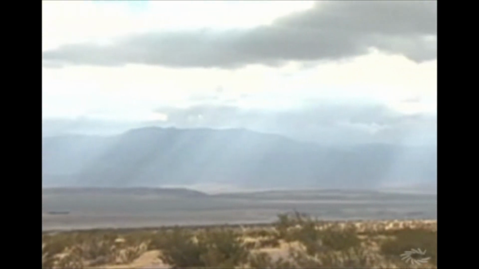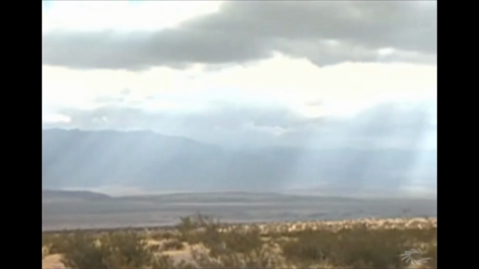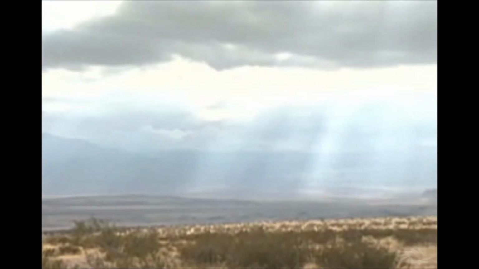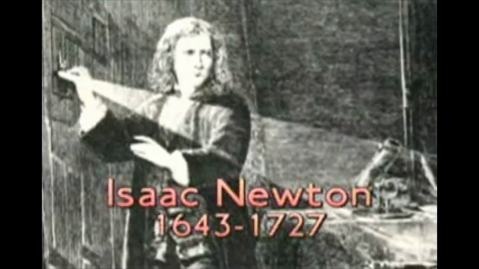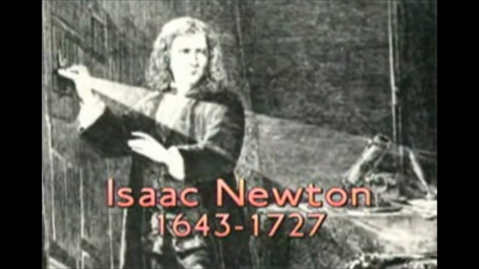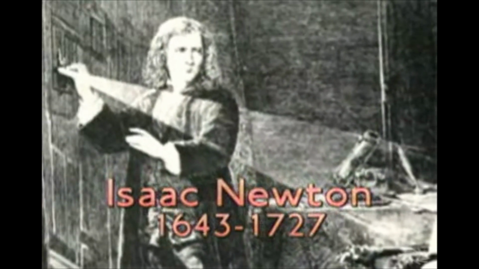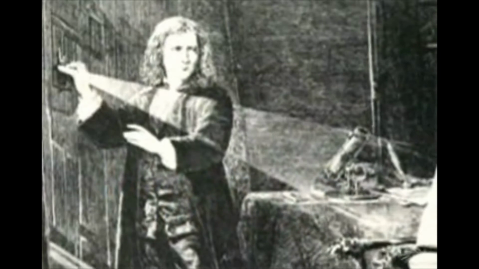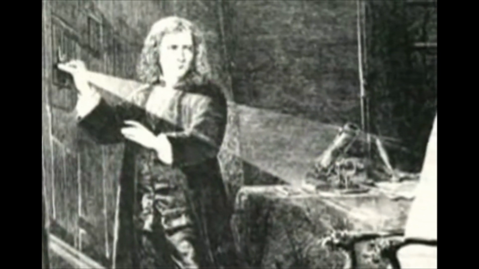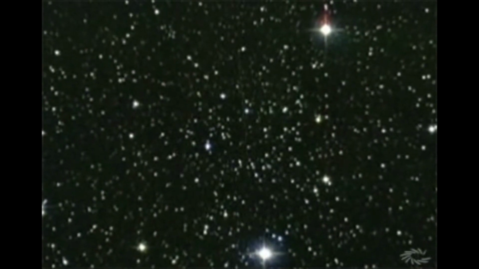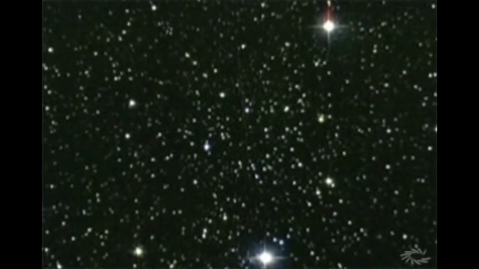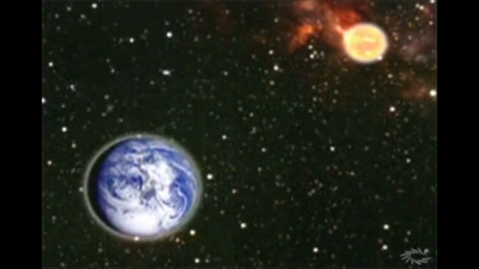Light has long been a fascination of scientists, but it travels so fast that it was very difficult to study. Isaac Newton, the brilliant English physicist who lived in the 17th century, believed that light was made up of extremely small particles, but he could not explain how it traveled. Others believed that light was energy that traveled in waves, but they could not figure out how light waves could travel through space.